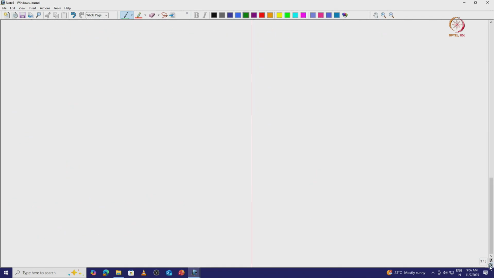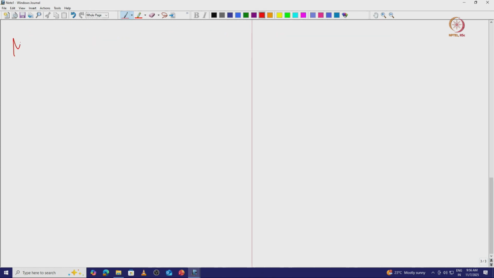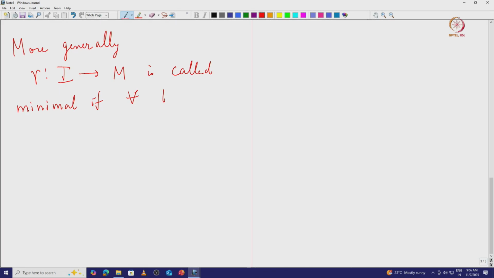So more generally one can then define, given any interval I, gamma is called minimal if for all T1, T2 in this interval, T1 less than T2, gamma restricted to the compact interval T1 T2 is minimal.